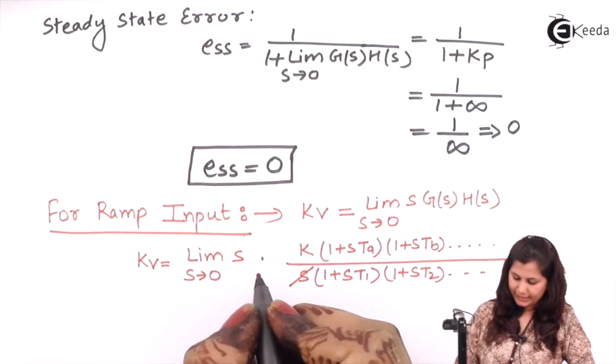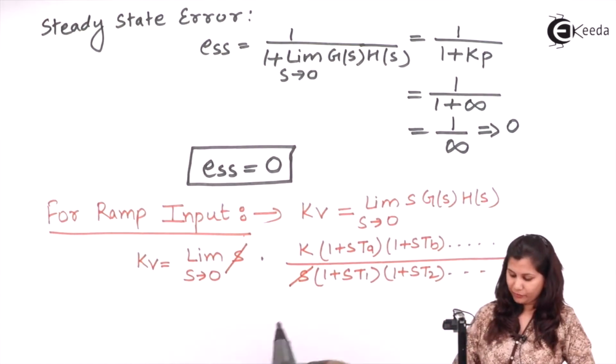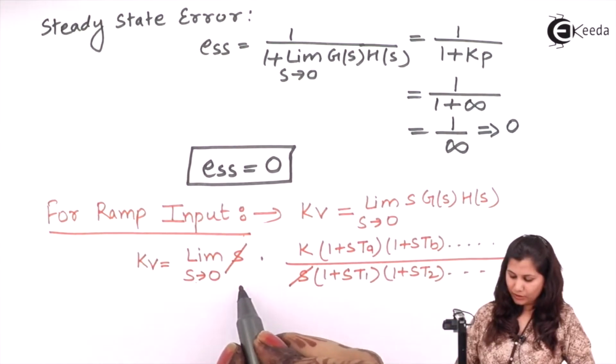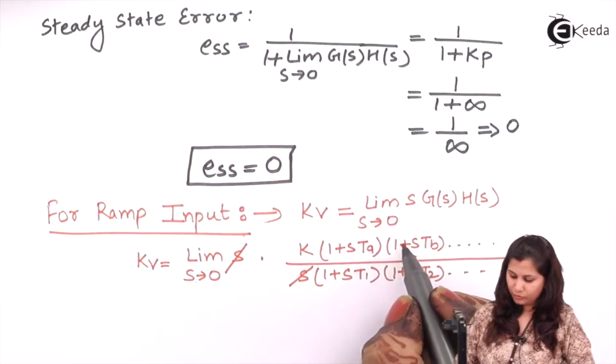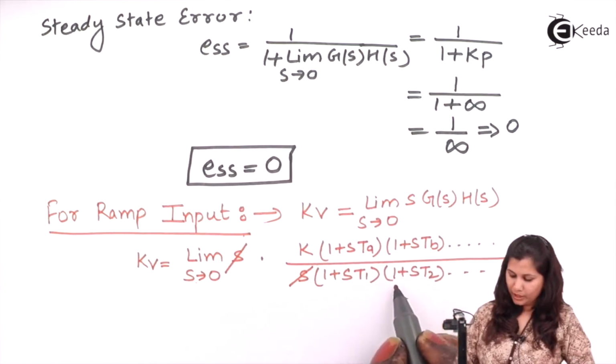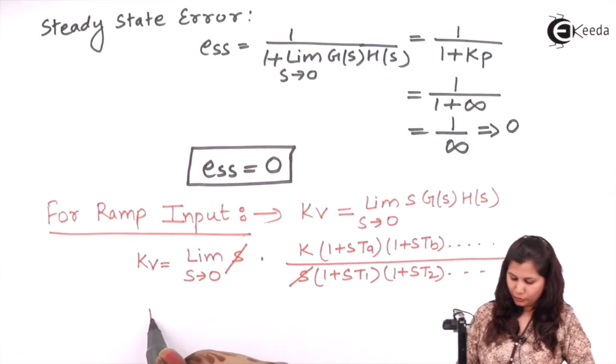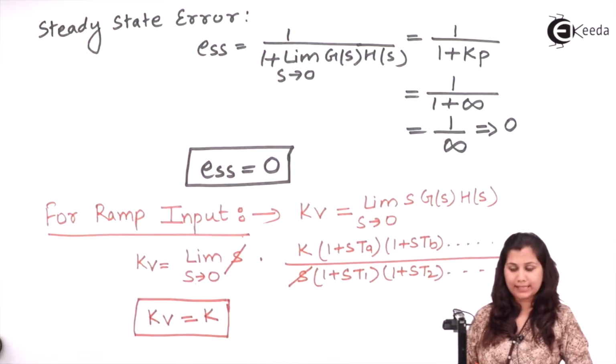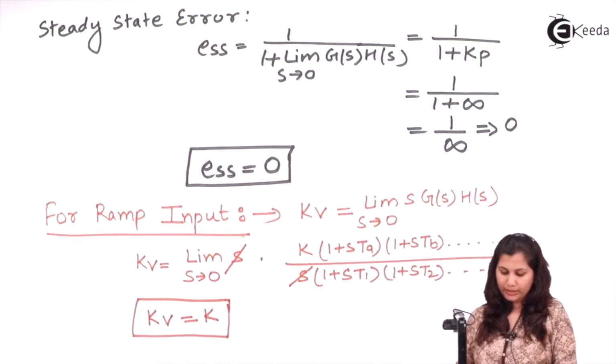This s and s will be cancelled, and we are left with this term. Applying the limits, s tends to 0, so this will become 1, 1, 1 and 1. So we are left with K. So Kv is equal to K. So for ramp input and type 1 system, we have Kv equals to K.